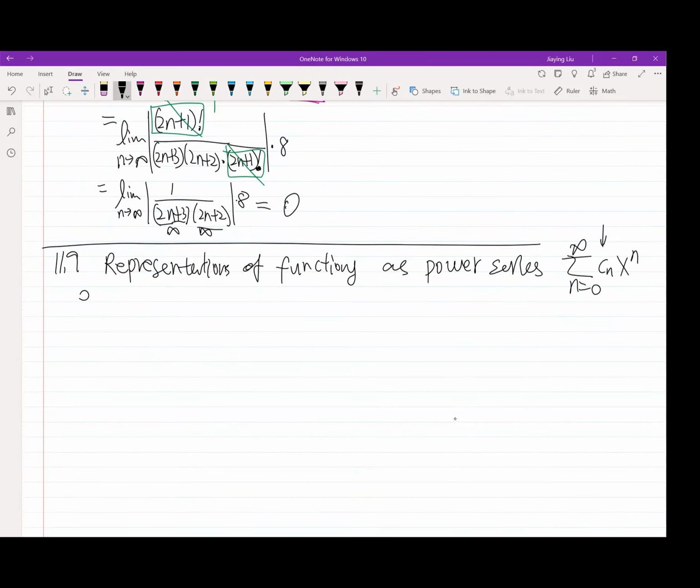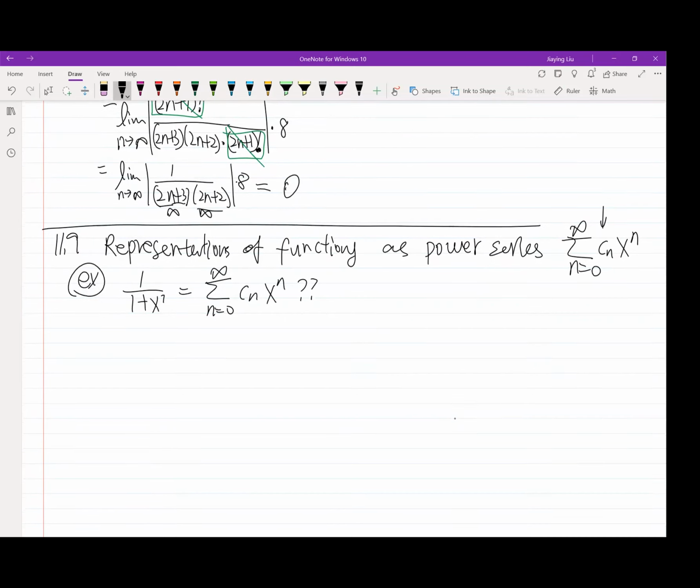For example, a function like 1 over 1 plus x to the 7, can we write it as some power series, the sum from n=0 to infinity of c_n x^n, or maybe some equivalent form as a power series?